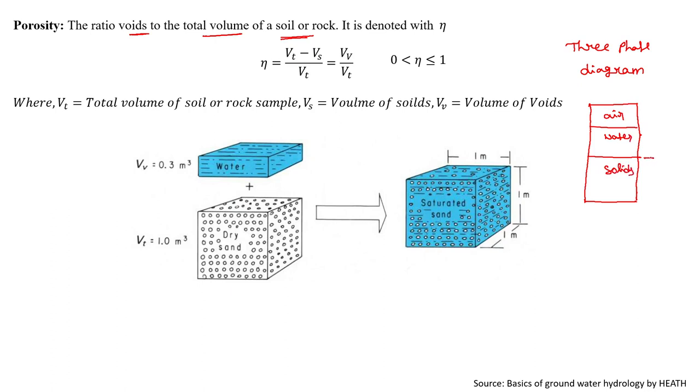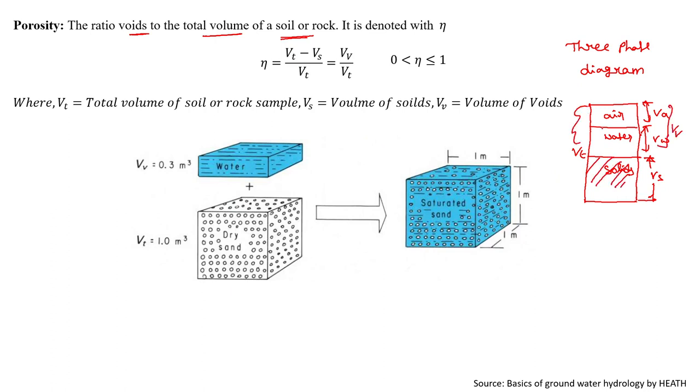It will have volumes Vs, Vw, Va, and the total is Vt, the total volume. Suppose I divide by this: the volume of voids. This is the solids, and air and water together we call the volume of voids.